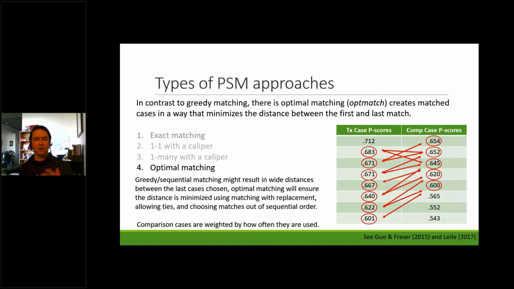So essentially, it is not beholden to the sequential ordering, and instead finds the closest match to each treatment case, in a way that minimizes the overall distance between the propensity scores. When greedy or sequential matching might result in wide distances between the last cases chosen, optimal matching will ensure that the distance between the matches will be minimized using matching with replacement, allowing ties, and choosing matches out of sequential order. The comparison cases are ultimately weighted by how often they're used.